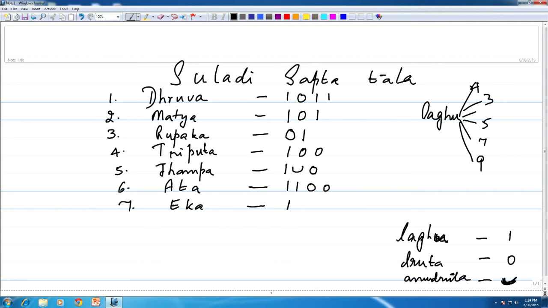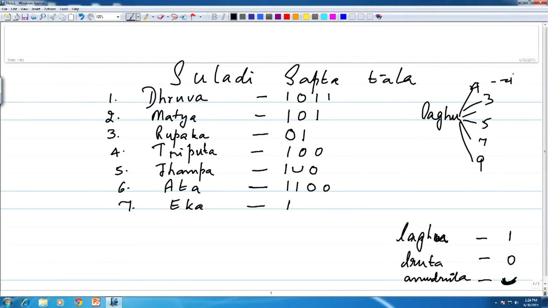So when you have a count of 4, this is called Chatushra Jati. This is called Tishra Jati. This is called Khanda Jati. This is called Mishra Jati.